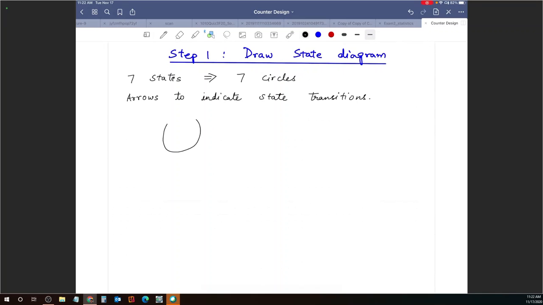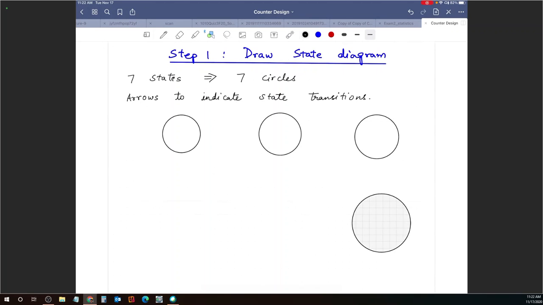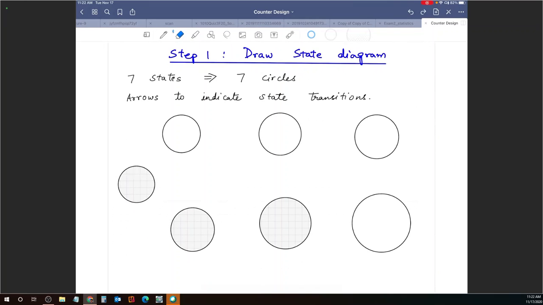Okay, I got 1 circle there. 2, 3, 4, 5, 6, and 7. All right, so I got those 7 circles. Actually, I'm not happy with this.